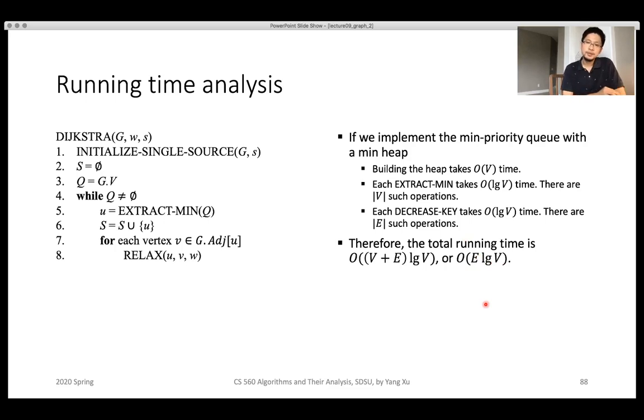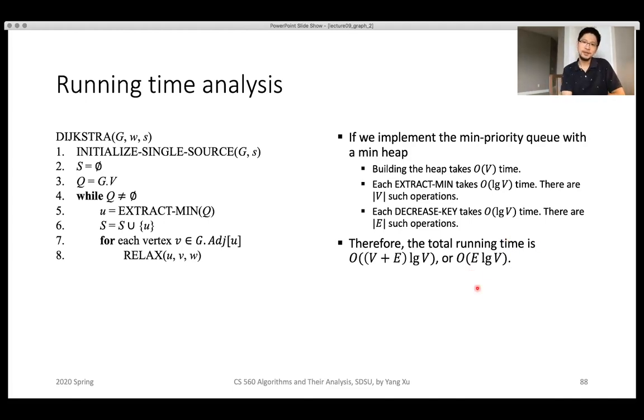Okay, so as a comparison with the Bellman-Ford algorithm, it's obviously more efficient in terms of running time. Bellman-Ford is big O of E times V, but now we have E times logarithm of V. We can draw some analogy with optimal sorting algorithms, right?